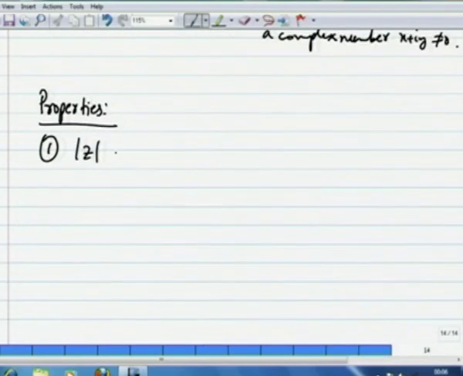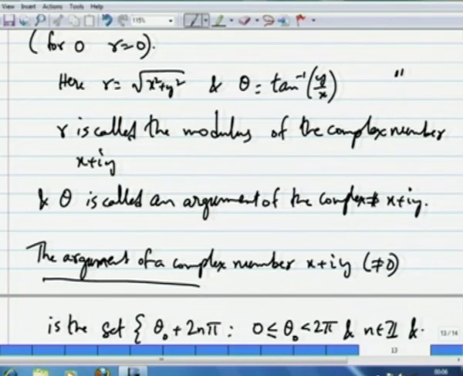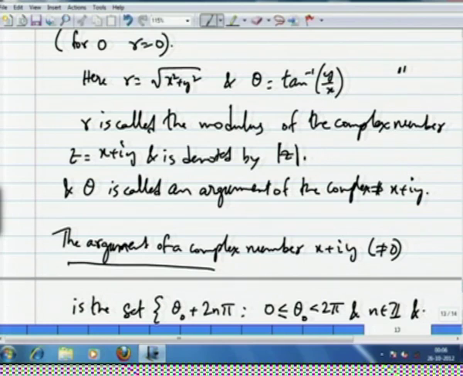So, r is called the modulus of the complex number x plus i y, z equals x plus i y, and is denoted by mod z. It reminds the viewer of the absolute value of a real number, and it tallies with that notion. By abuse of terminology, I might sometimes say absolute value of z instead of modulus of z. By that I mean the modulus of z.